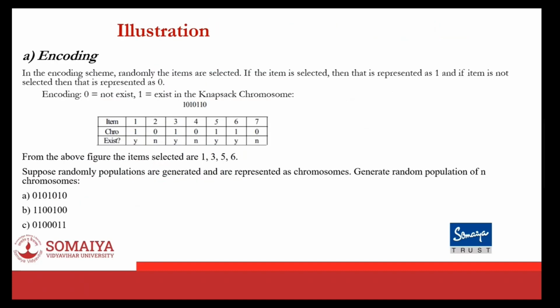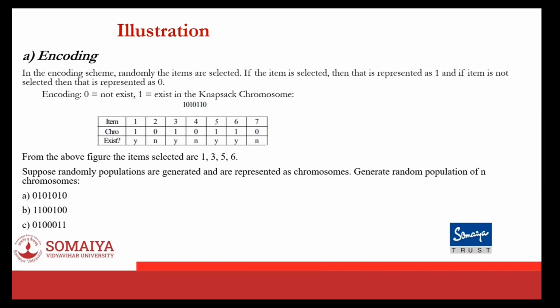Now we come to the illustration. First, encoding. In the encoding scheme, the items are randomly selected. If the item is selected, then that is represented as 1, and if the item is not selected, then that is represented as 0. From the above figure, the items selected are 1, 3, 5, and 6.